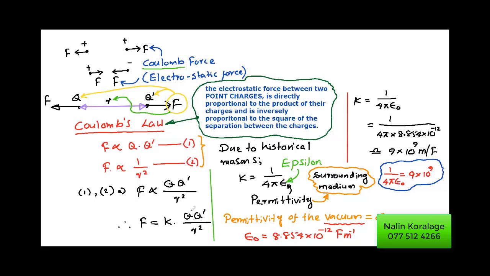We are going to apply F is equal to K times Q Q dash over R squared. They have given the values for the charges and the separation as well, so Q value, Q dash value, and R value are all known to us. And what about 1 over 4 times pi epsilon naught? Just replace that entire block by 9 into 10 to the power 9. Whether it is given in your data sheet or not given, it is highly recommended.